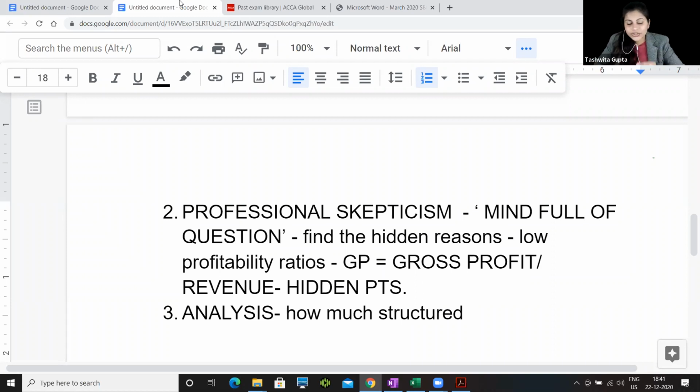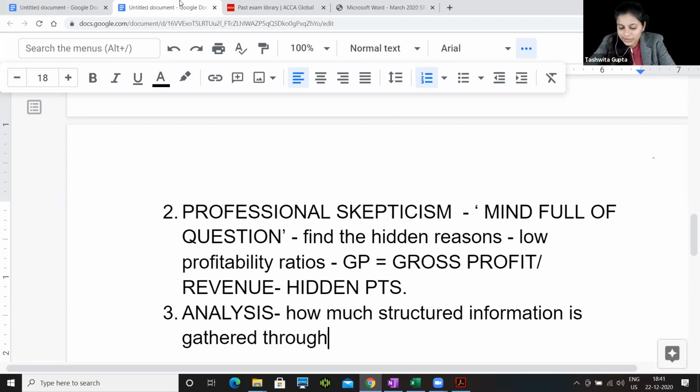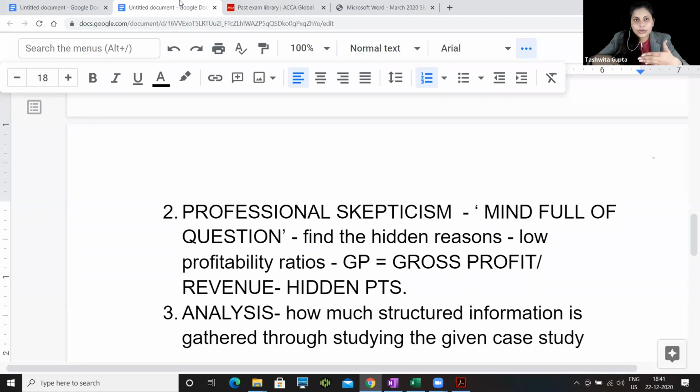So how much structured information is gathered through studying the given information, the given case study. So how much structured information you're able to gather, how much structuring you are able to do, and how much interrelatability you are able to find.